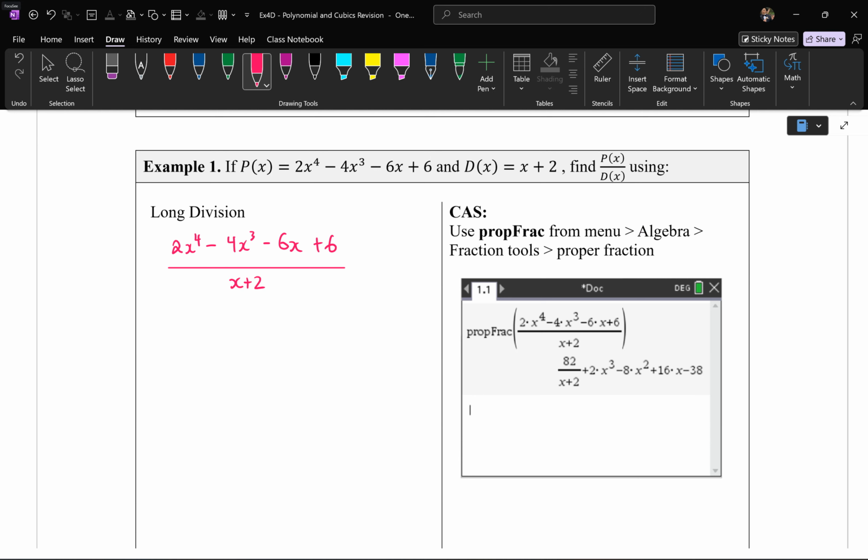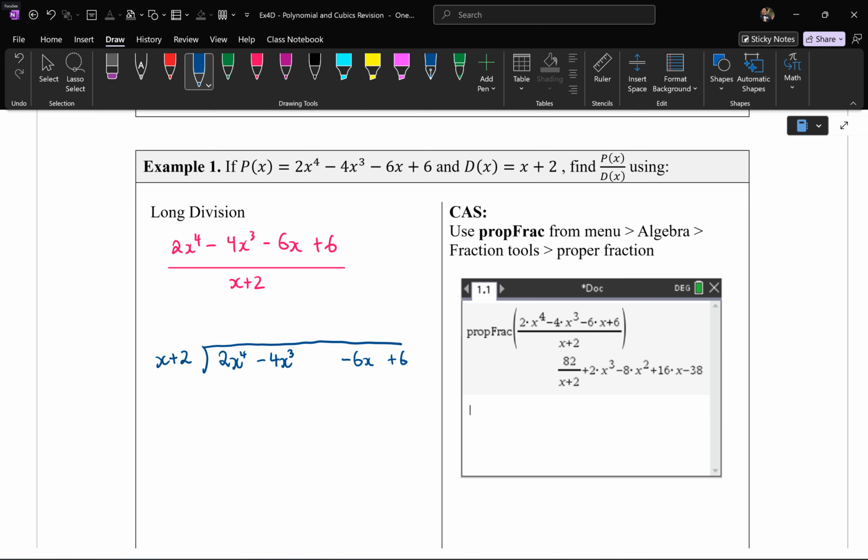All right. Now we know from junior maths or even primary school with long multiplication, short multiplication, the divisor comes out on the outside, so x plus 2. How many x plus 2's fit into 2x to the power of 4 minus 4x cubed, minus 6x over here, plus 6?